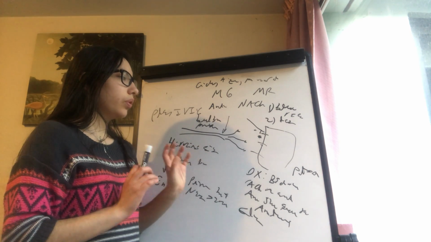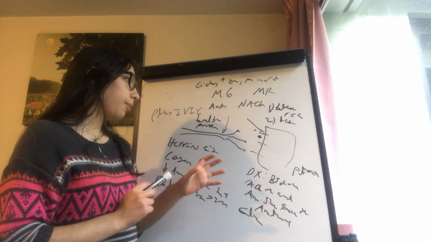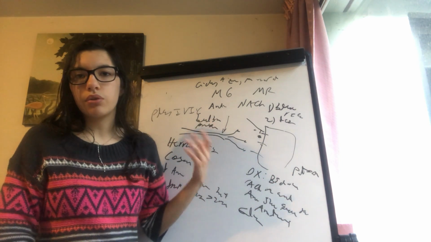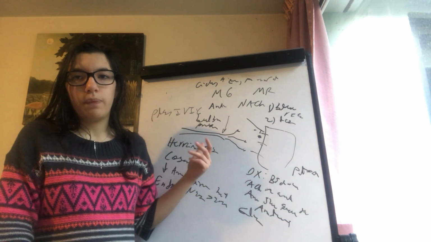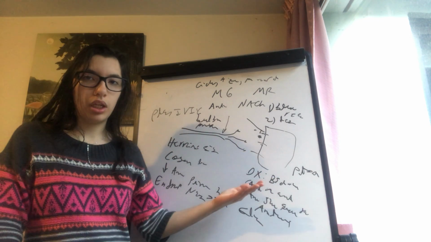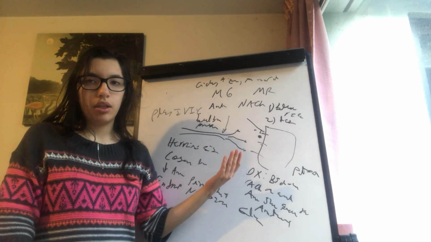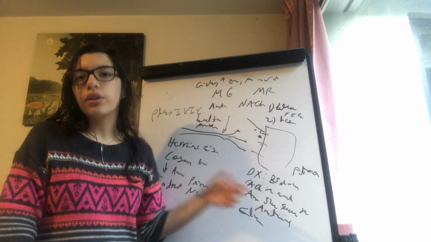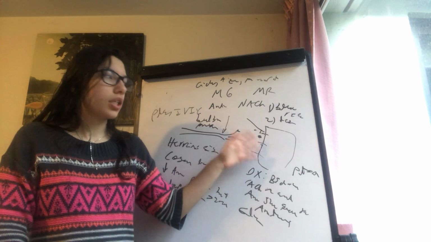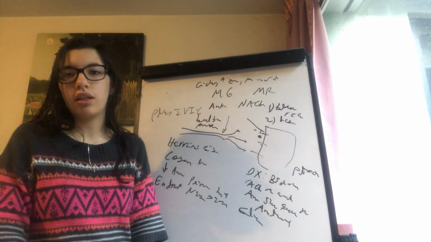In order to distinguish between these two cases, we would give edrophonium again, and if we see that there is no response, then that is because the receptors have been desensitized.